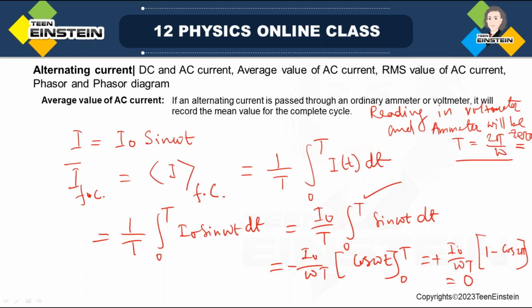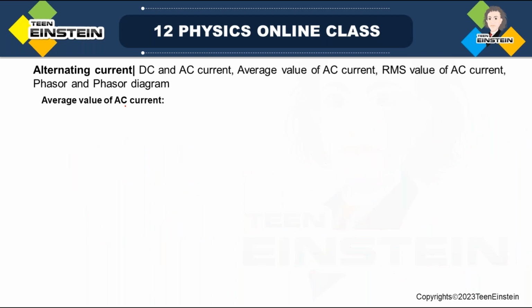That means it is not a good way to define an average value for alternating signals. So that's why there are two ways to define average value.